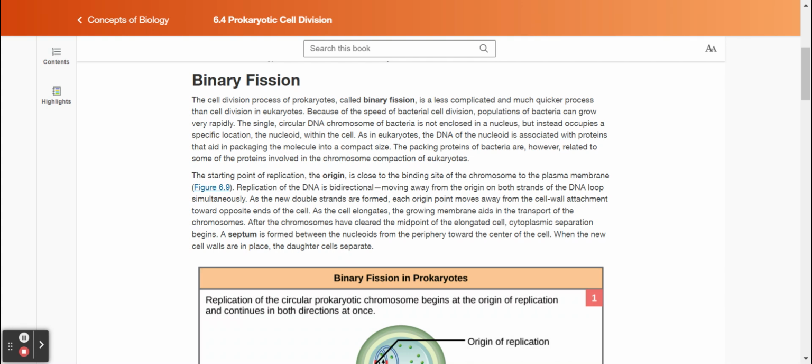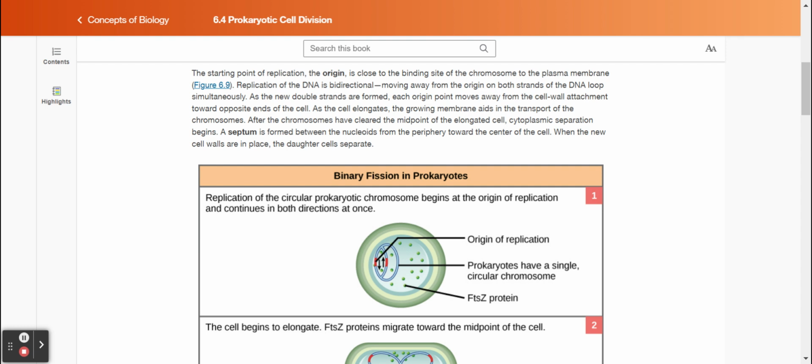The single circular DNA chromosome of bacteria is not enclosed in a nucleus, but instead occupies a specific location, the nucleoid, within the cell. As in eukaryotes, the DNA of the nucleoid is associated with proteins that aid in packaging the molecule into a compact size. The packing proteins of bacteria are, however, related to some of the proteins involved in the chromosome compaction of eukaryotes.